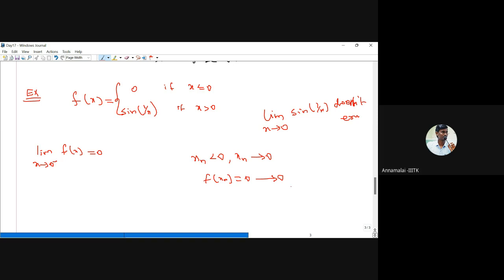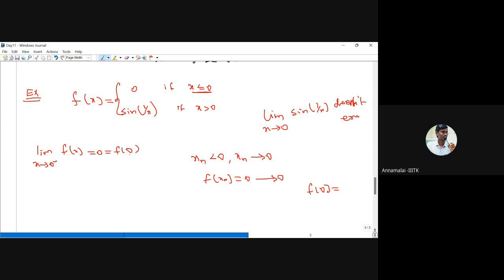But what is f of 0? From the function, since x takes 0 here, f of 0 is 0. Therefore, the left hand limit is equal to f of 0.